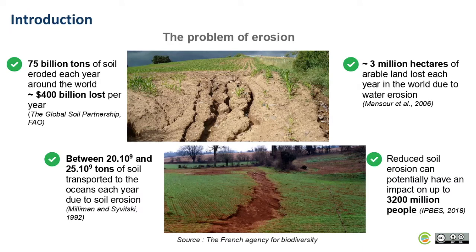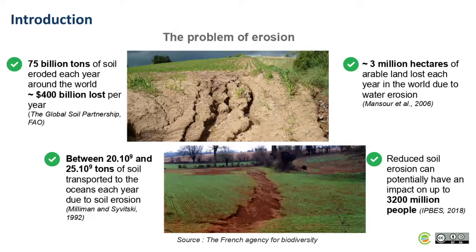Here we can give some information about the problem of erosion around the world, as given by the Global Soil Partnership led by the FAO. It has been estimated that 75 billion tons of soil are eroded each year, which is the equivalent of $400 billion.